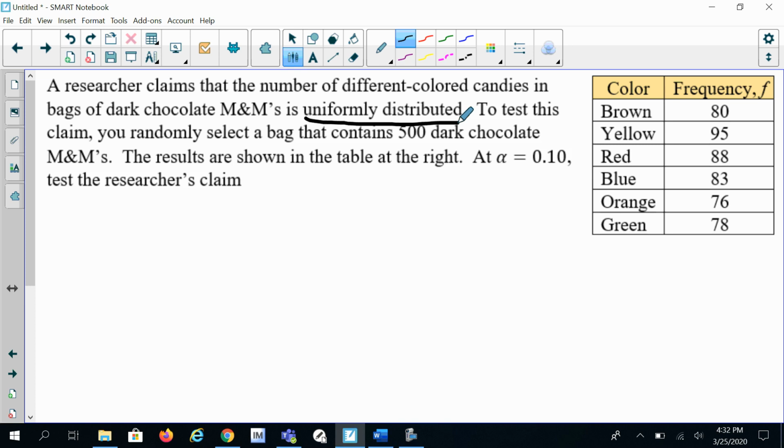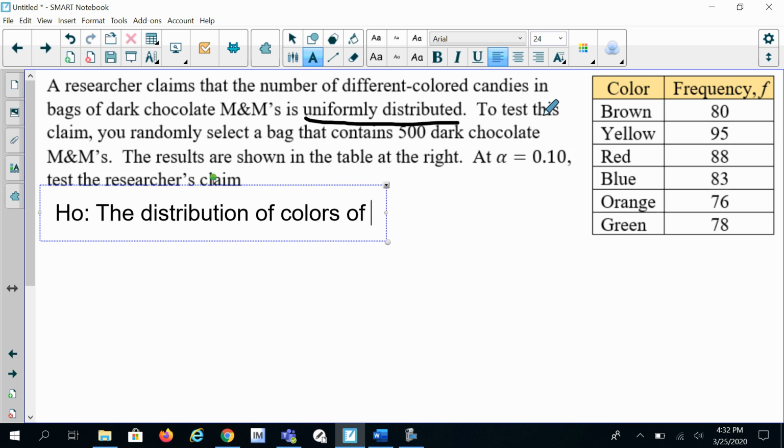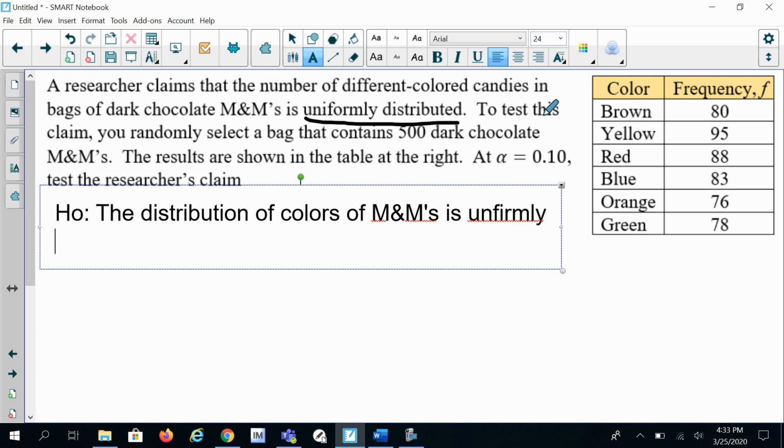So the way we write that's going to be a little different. I'm going to go ahead and type it again. I had good luck with that last time. Make it a little bit smaller. So H0 is going to be that the distribution of colors of M&Ms, and our assumption at the beginning is uniformly distributed.